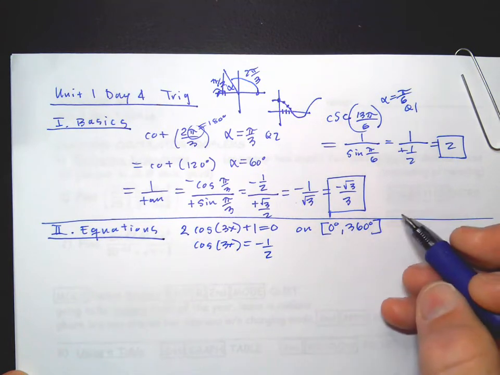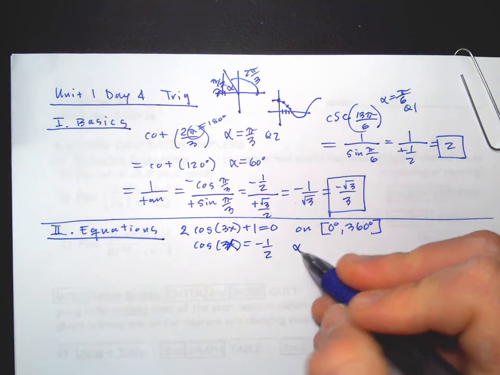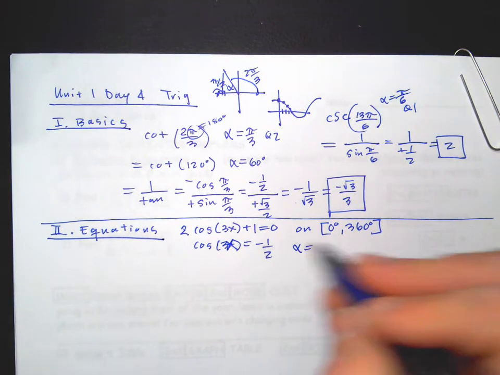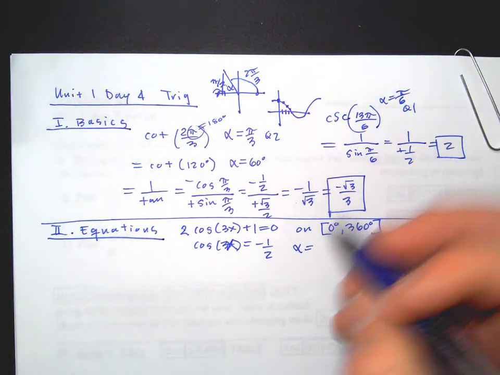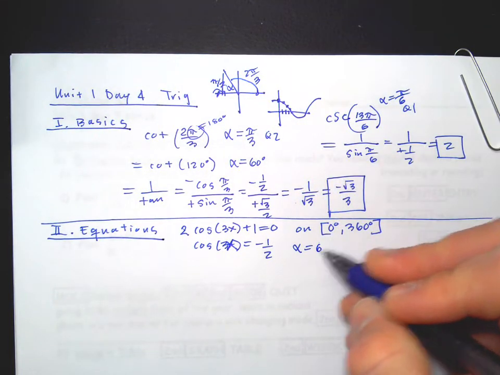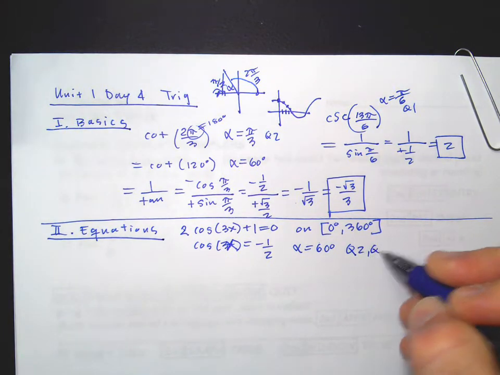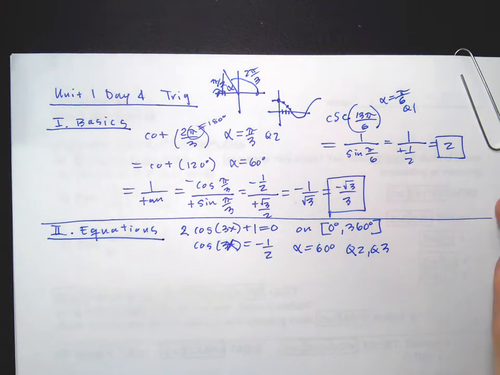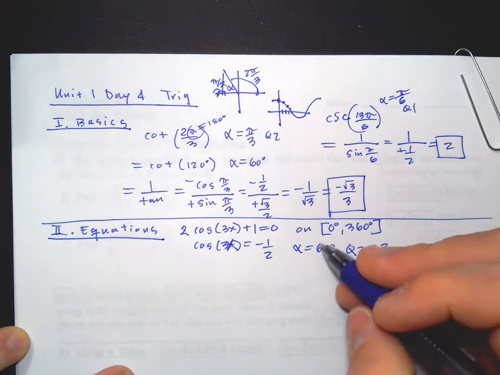Subtract 1, divide by 2. And then you want to say, okay, well, what's alpha? Ignore the negative. When does cosine equal 1/2? Well, 1, root 3 over 2, root 2 over 2, 1/2. 0, 30, 45, 60 degrees. What quadrant? Quadrant 2 and 3 is when it's negative. That's when you pay attention to negatives for the quadrants. Ignore the negative for alpha.